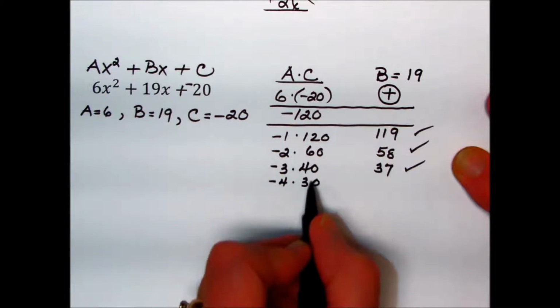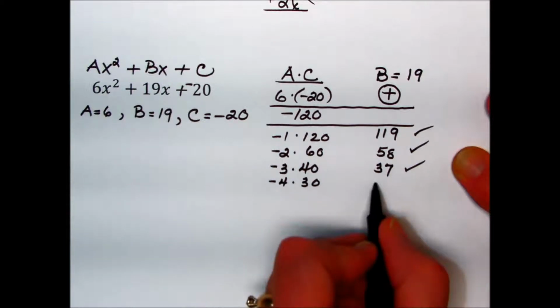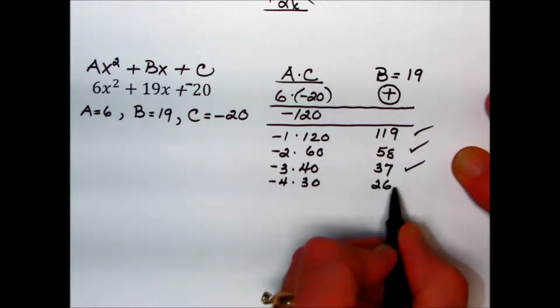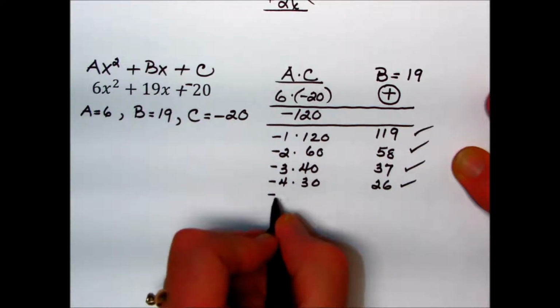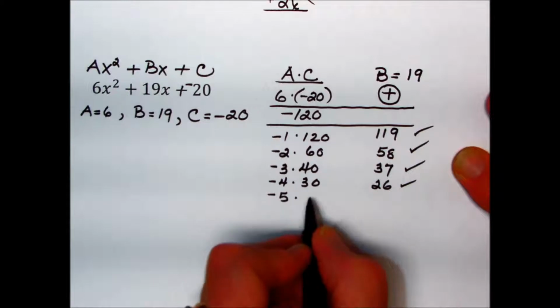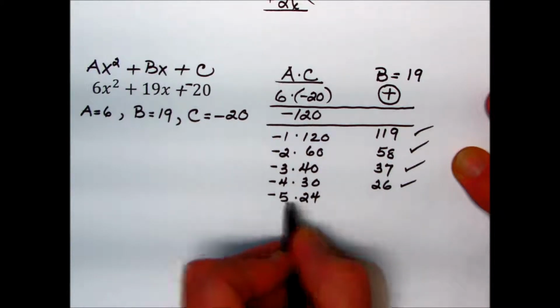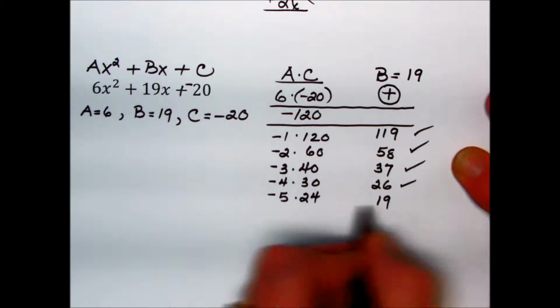Negative 4 times 30 multiplies to give us negative 120, but when added, gives us 26. Not the case. 5 goes into 120, so if I keep with my negatives, negative 5 times 24, when we do our division, and when we add, we end up with our 19.